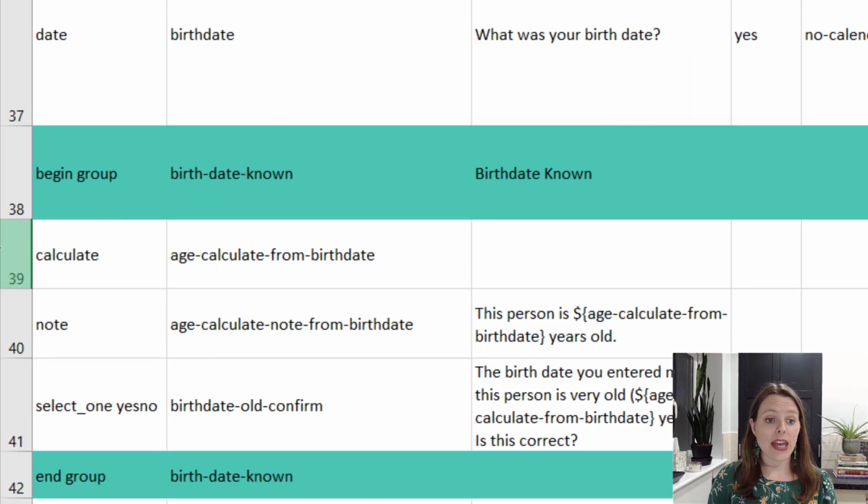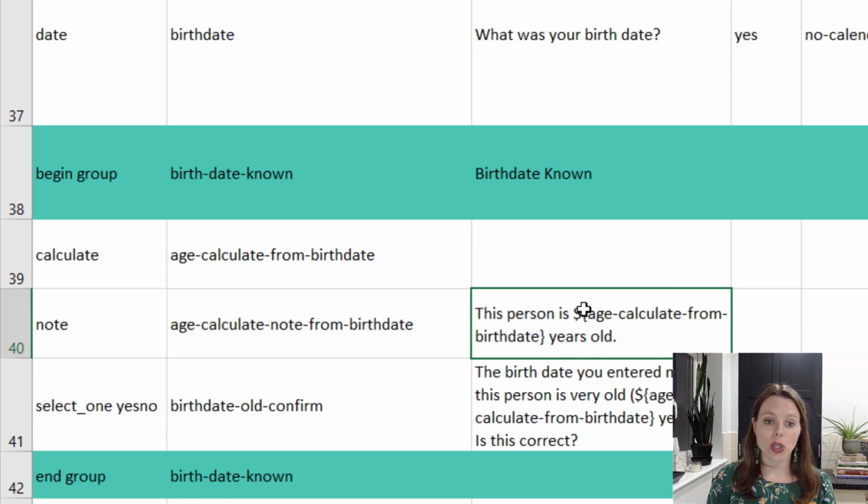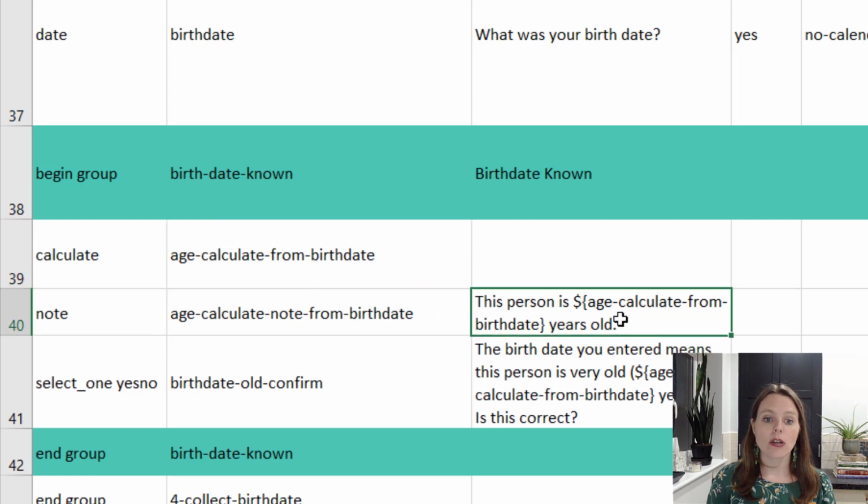So that calculates their age. Once you've calculated that, just pop up a note to the interviewer that says this person is, and then you put a $sign and curly brackets around the name of this calculate question. So this person is 75 years old, for example.